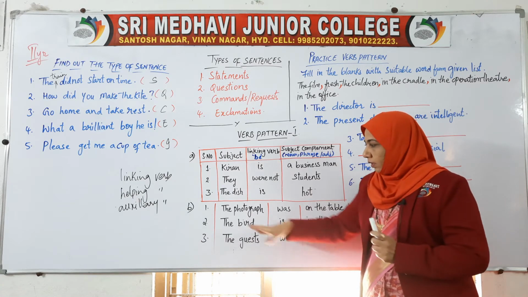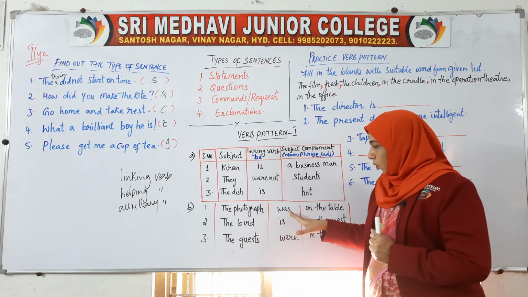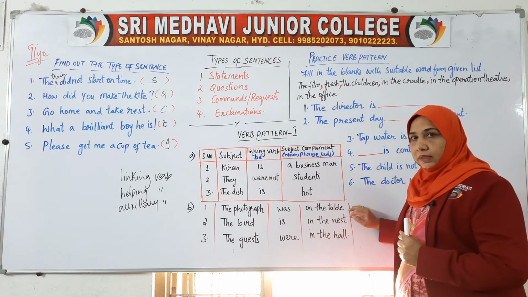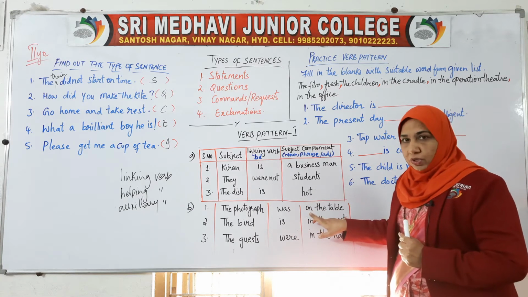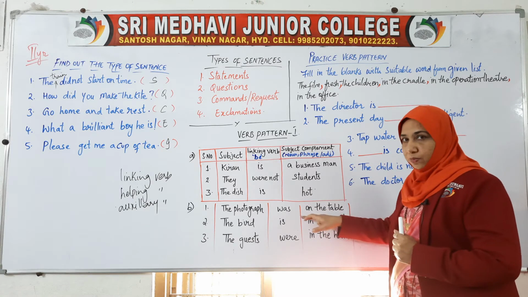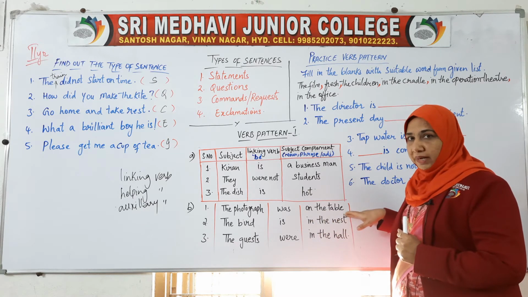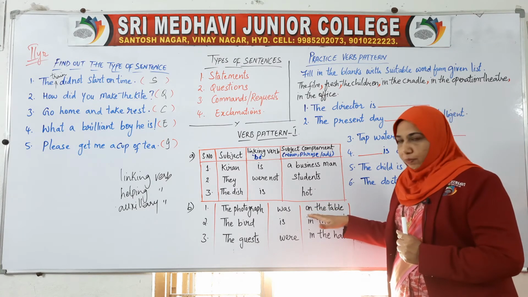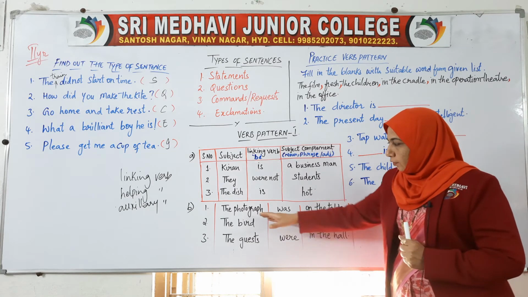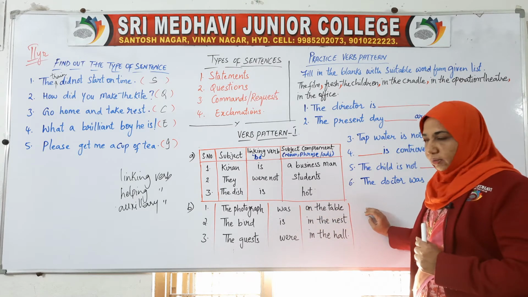So the photograph was on the table. This is a preposition plus a phrase, completely made into a phrase, and this is the subject complement. This is the preposition on. The photograph was on the table.